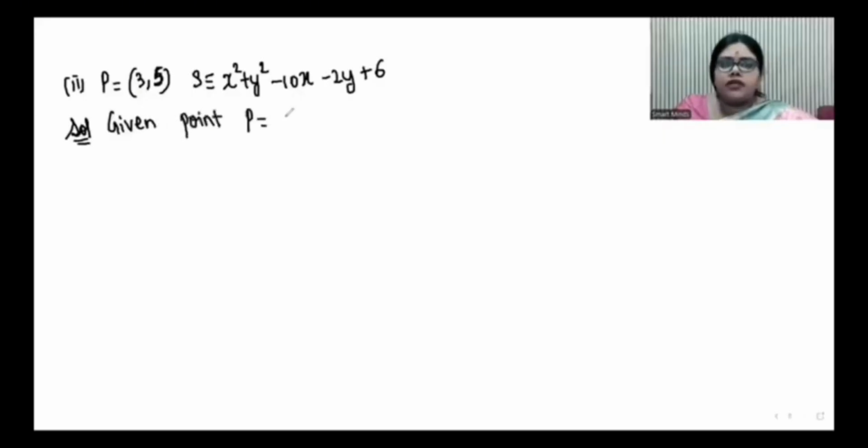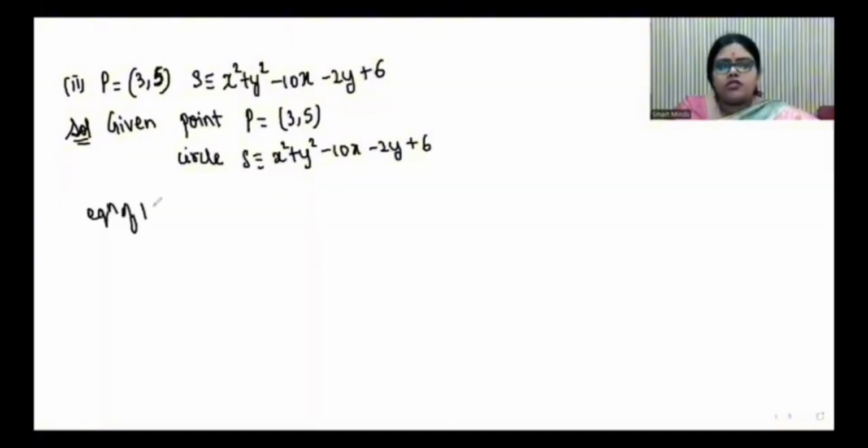Given point P is equal to (3, 5) and the given circle S is x square plus y square minus 10x minus 2y plus 6. Now first let us find the equation of tangent. What is the formula to find the equation of tangent? It is S1 is equal to 0.